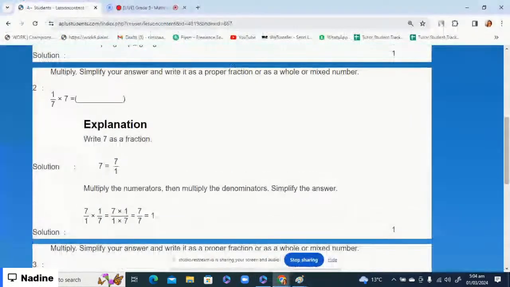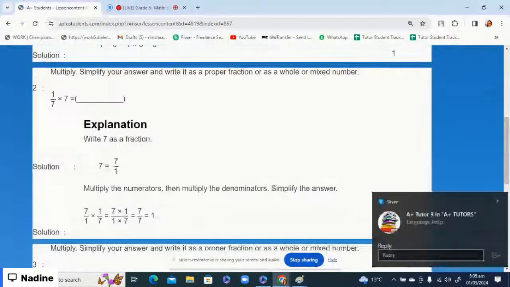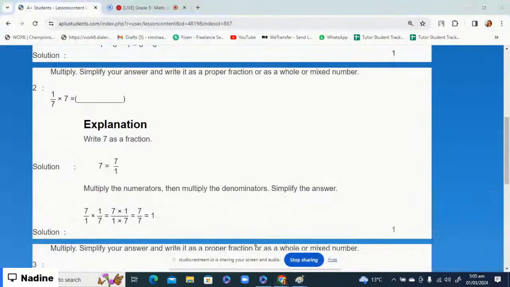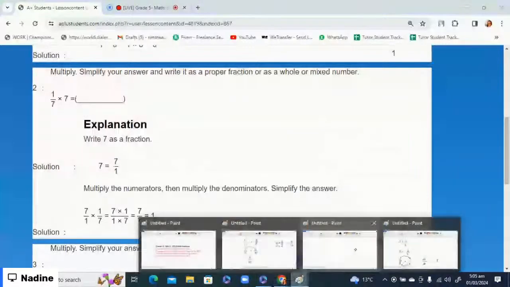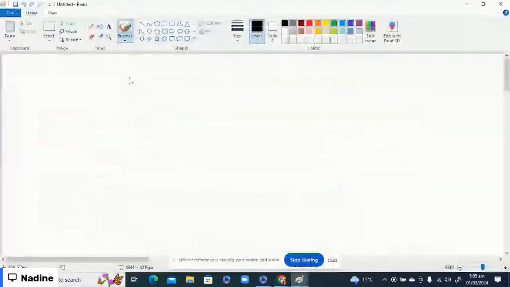Simplify your answer and write it as a proper fraction or as a whole or mixed number. 1 by 7 times 7. Okay, let's do it. Now, how can we put it? 1 by 7 times 7.